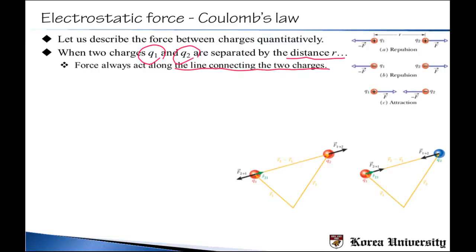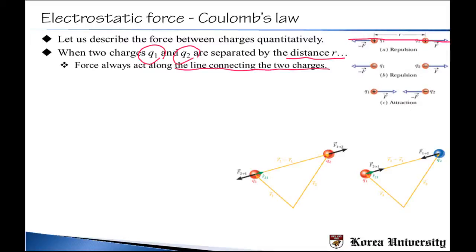There are 3 figures. The first one shows the force between 2 positive charges. As you can see, the arrows which represent the force are lying exactly along the line connecting these 2 charges. And these arrows are pointing away from each other, meaning that these two charges repel each other. And in the second picture, there are two negative charges.